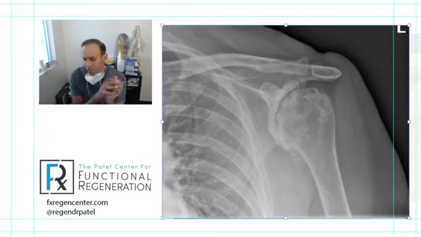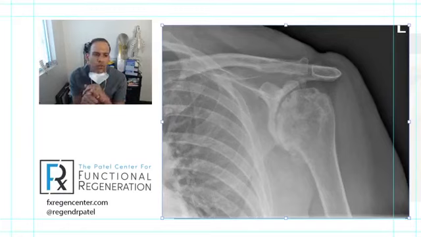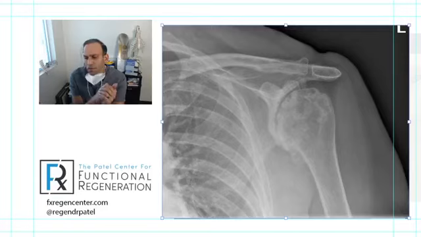The good news is there's a lot of things that could be done to improve shoulder pains, ranging from things like physical therapy to certain injection procedures. When we're specifically dealing with osteoarthritis, I don't typically recommend cortisone injections because that can make the arthritis worse.